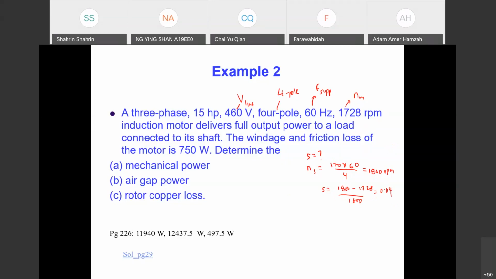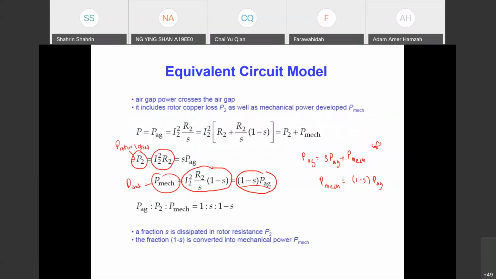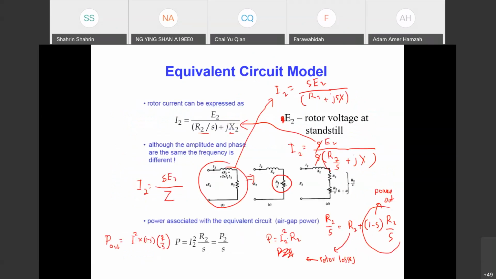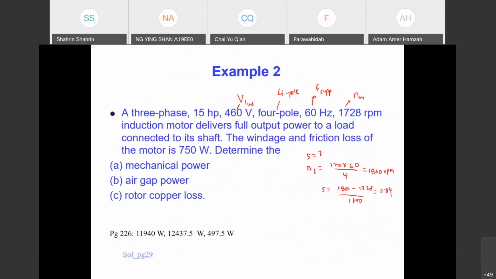So what's next? The mechanical power, which is your P out actually. What information can you use?